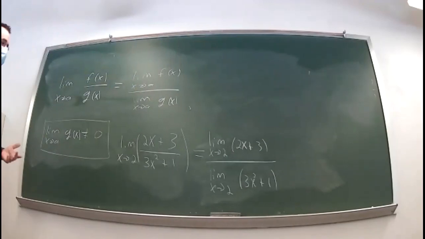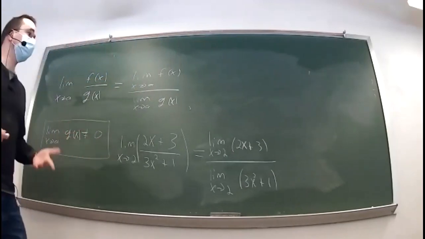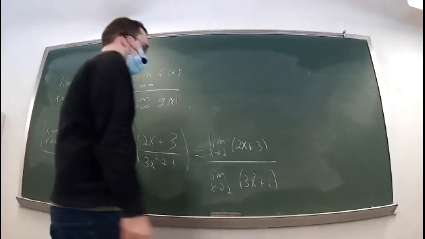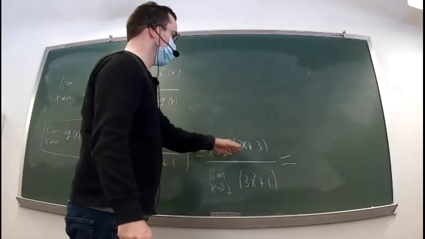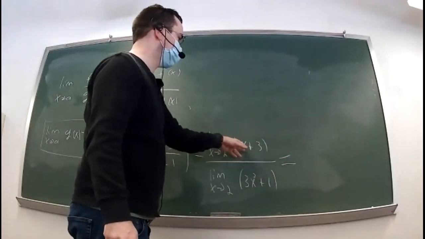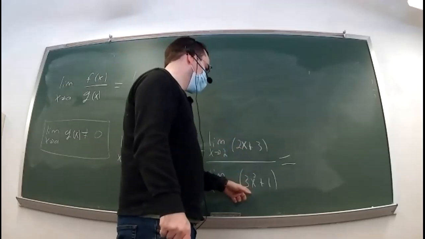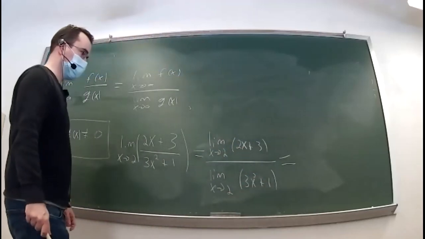I can do that because the limit of 3x squared plus 1 is not going to turn out to be 0. And what's going to happen is the limit as x goes to 2 of 2x plus 3 is going to be 4 plus 3 is 7. And this one is going to be 3 times 4 is 12 plus 1, which is going to be 13.